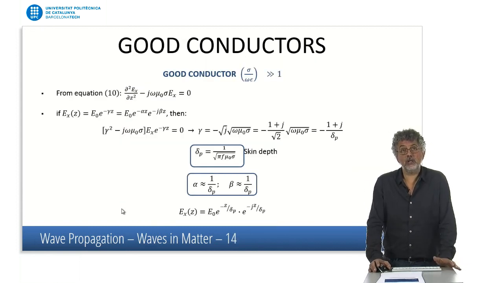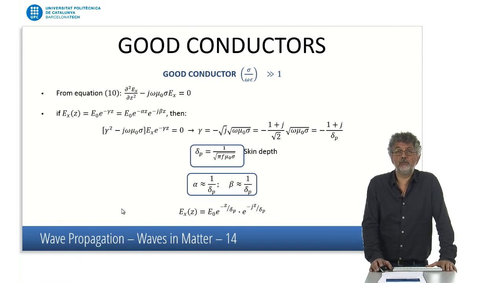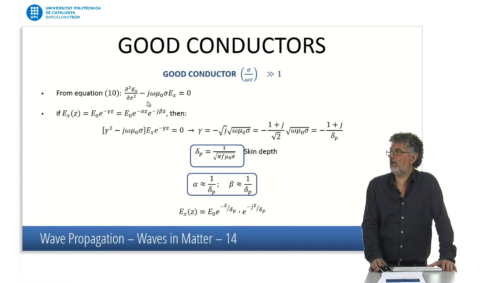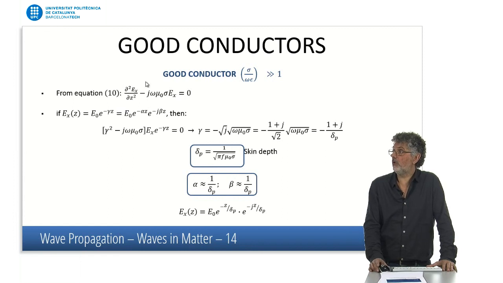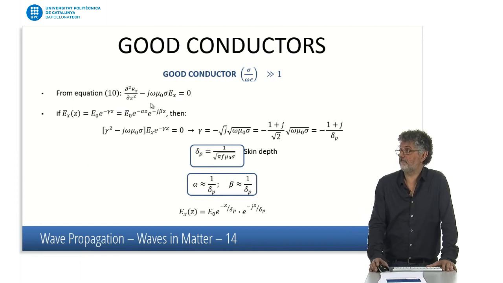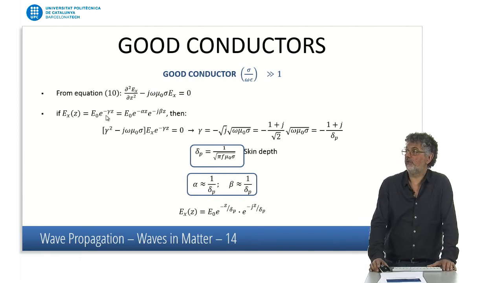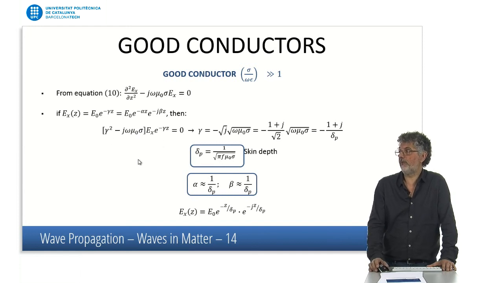The other case that we are going to consider is a good conductor. In a good conductor, the conductivity is high, so that ratio sigma over omega epsilon is much larger than 1. So in that case, we start our approximation from the Maxwell equations, and we are going to consider that we can approximate the wave equation by this equation. And now we consider the solution of the wave equation and we solve for the propagation constant.